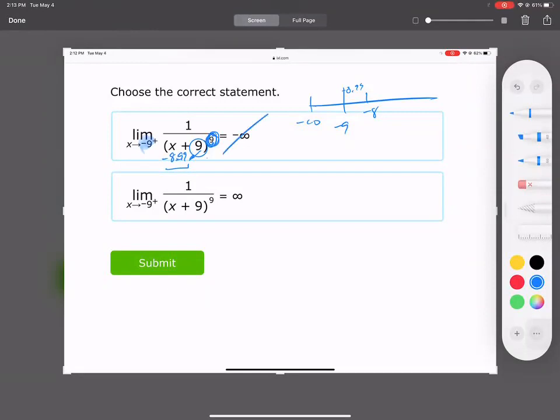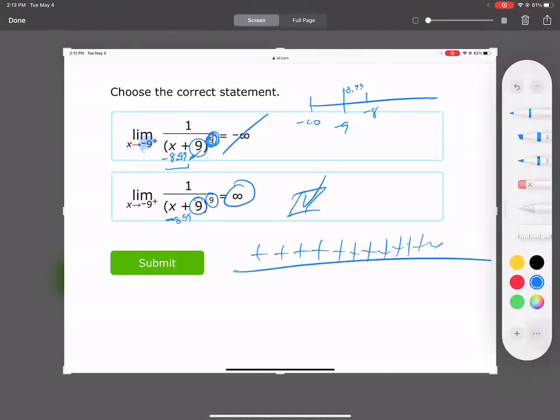If I put -8.99 here, we end up with more positive to the positive to an even exponent stays positive. Why is that? A positive times a positive times a positive times a positive times a positive. It doesn't matter, the more positives we give, it's still going to be positives.